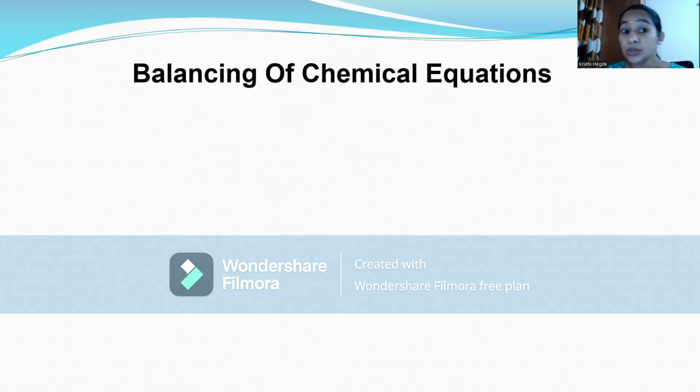Now, we need to know a very important concept of the chapter, that is balancing of chemical equations. Dear children, from your 9th standard, you have understood that during a chemical change or a chemical reaction, the mass of the reactants is always equal to the mass of the products. Isn't it? So this mass of the reactant should be equal to the mass of the product.